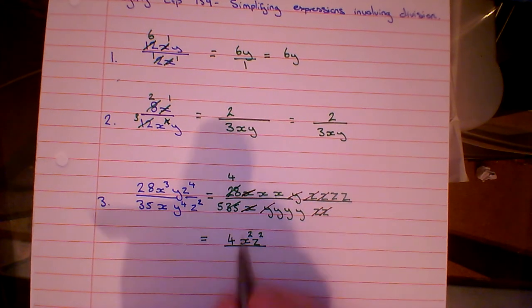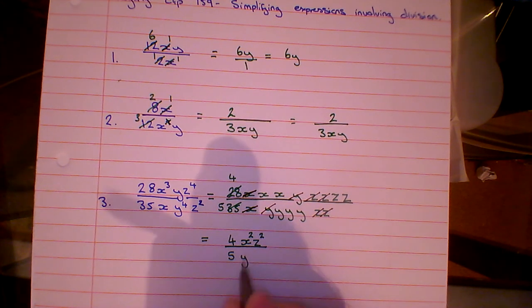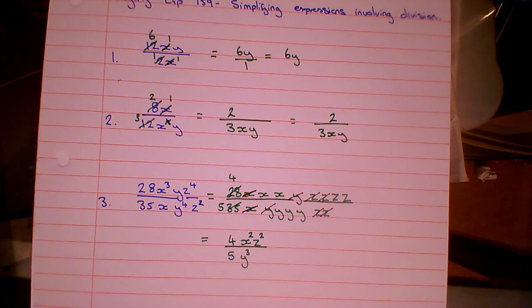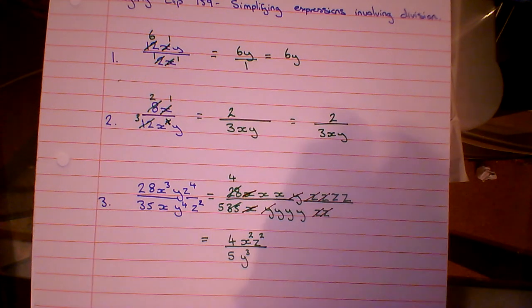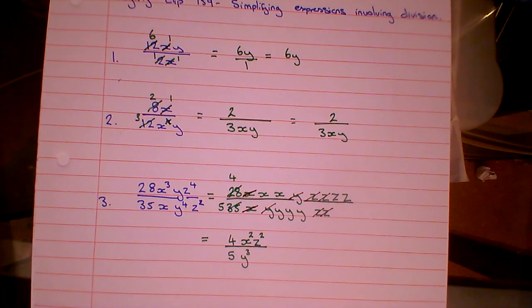And underneath, 5, no x's, y cubed, and no z's. So my final answer is 4x squared z squared divided by 5y cubed. So if it really helps, write it all out, cross things out, and then just count what you've got left.